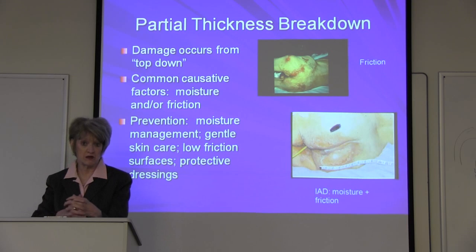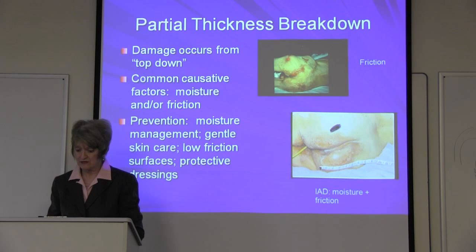A very common approach now that is evidence-based is to use your silicone adhesive-based foam dressings to the sacrococcygeal area in patients who are high risk for pressure ulcer formation. Does not protect against pressure, does help protect against friction and overhydration of the skin. So helps protect against that superficial damage that then can progress to deeper damage.